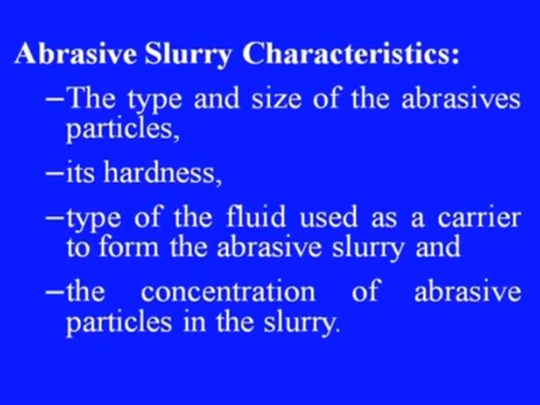Then abrasive slurry characteristics include the type and size of the abrasive particles, their hardness, then the type of the fluid used as a carrier to form the abrasive slurry, and the concentration of the abrasive particles in the slurry.